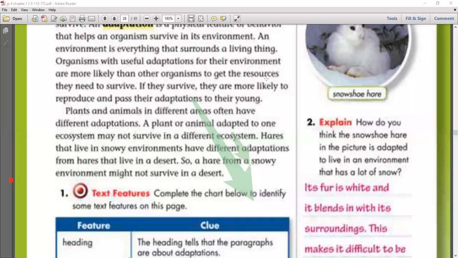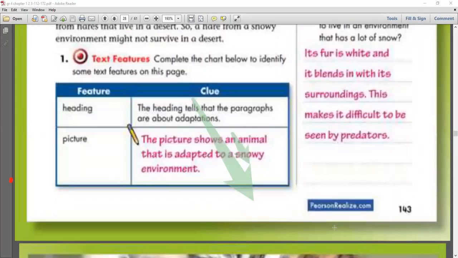Its fur is white and it blends with the background, and it makes it difficult to be seen by predators. So it can't be seen by predators, so that's the advantage of this color.